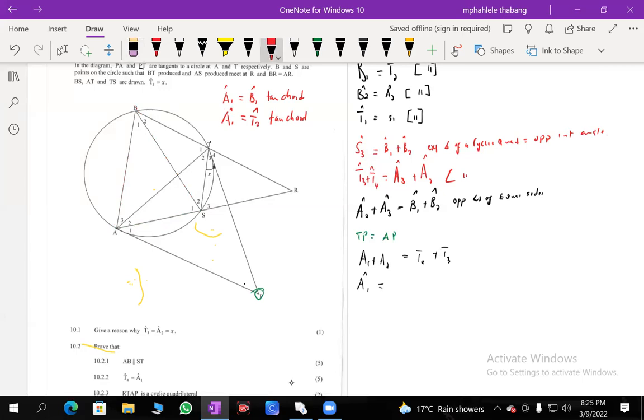How can you subtend the chord AS? A line from A, a line from S, try to create an angle over T2. So we say angle A1 is equal to angle T2, tan chord theorem. Okay?